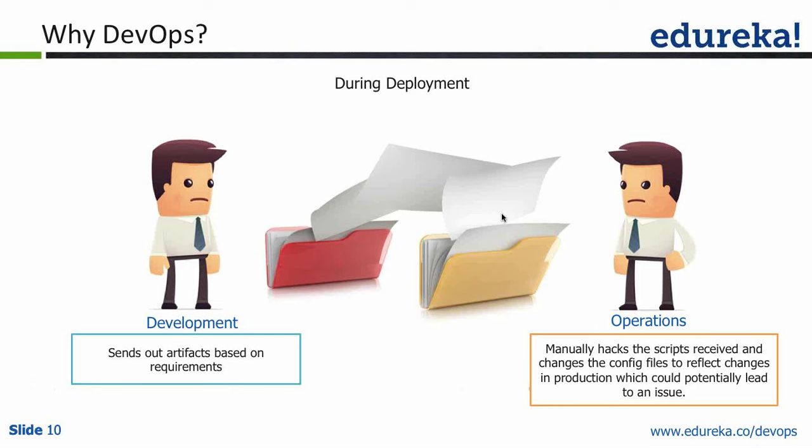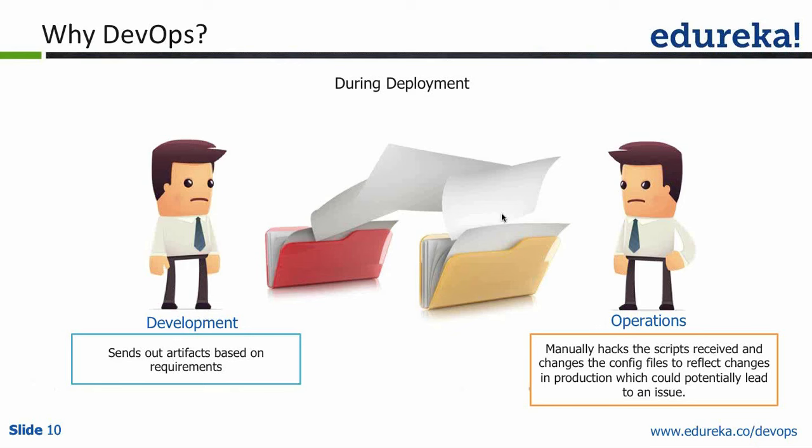As operations, you manually hack the script received from a development team and make the changes to the config file to reflect the final change in production, which could potentially lead to an issue. This is what we talked about, that in this case, the Ops guy has no visibility into what kind of changes have been made by the dev team.